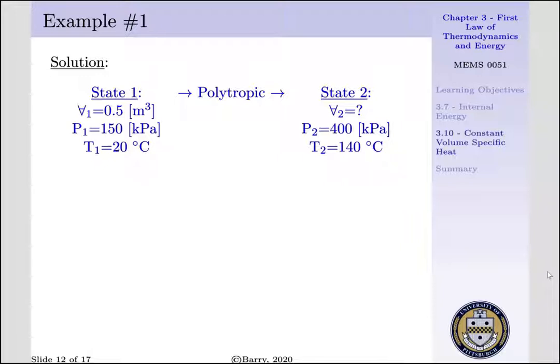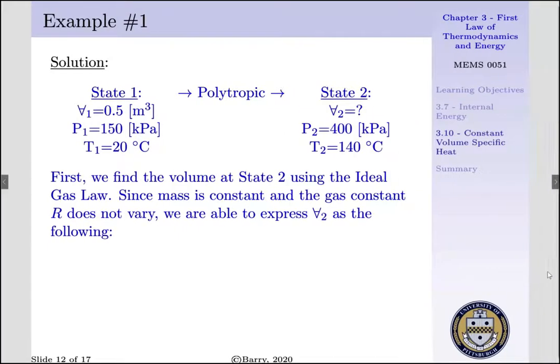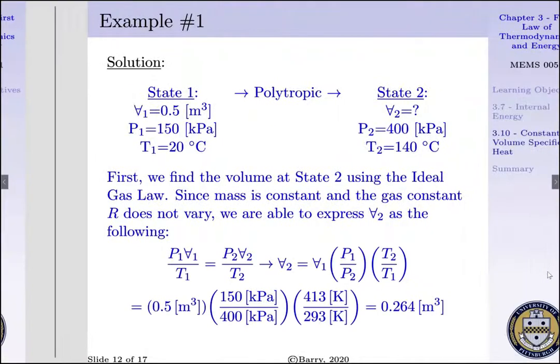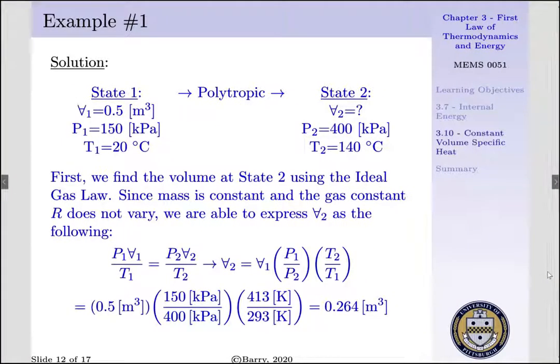For us to determine our work into or out of our system, we need to determine our volume at state 2. And to do such, we are going to use the ideal gas law. Since our mass is constant and our gas constant is constant, we are able to determine our volume at state 2 via the ideal gas law. That is, P1V1 per T1 is equal to P2V2 per T2.